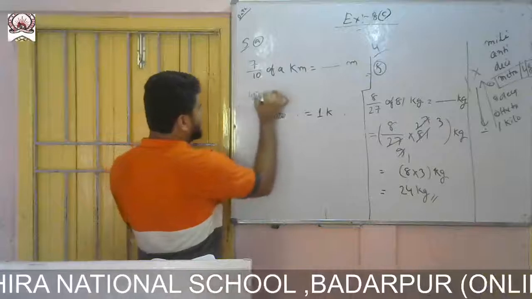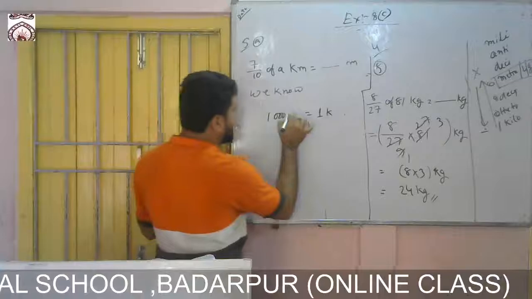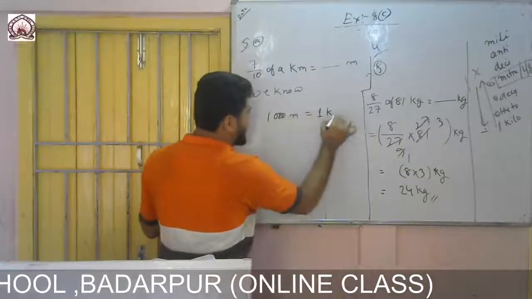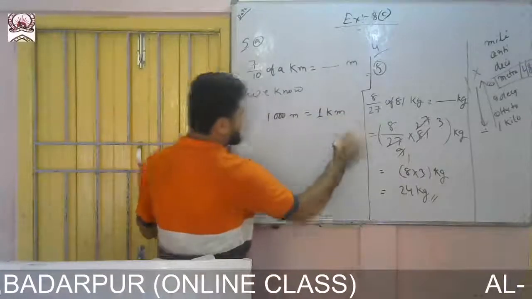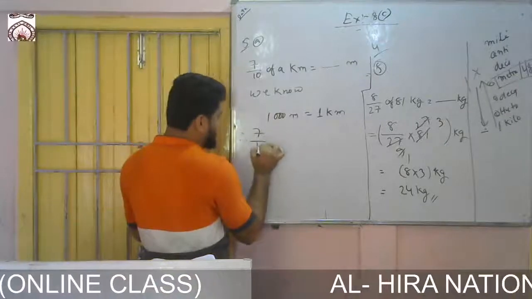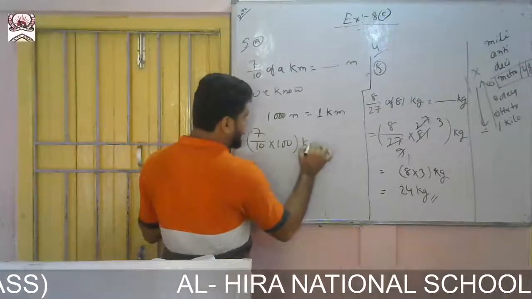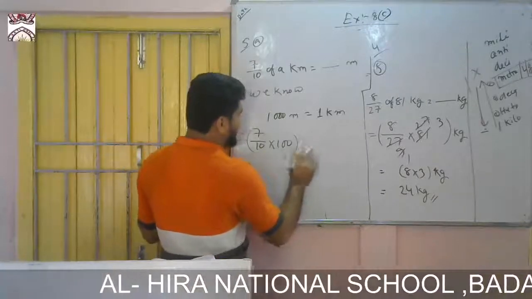So right, we know 1000 meter equals to 1 kilometer. Therefore 7 by 10 into 1000, it will be in meter.